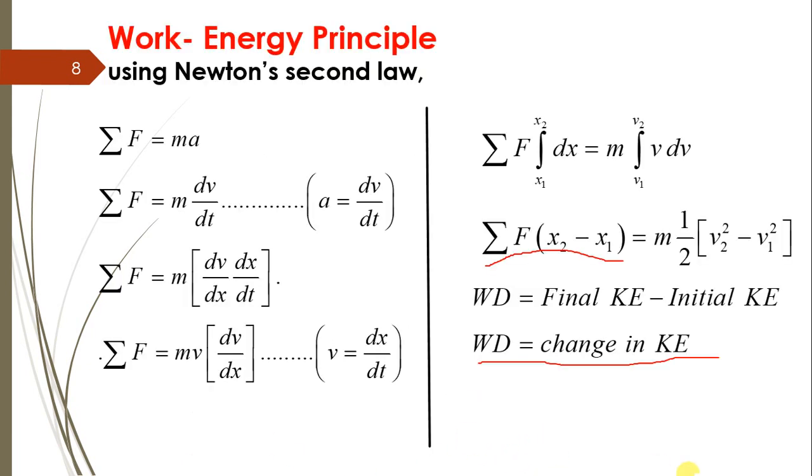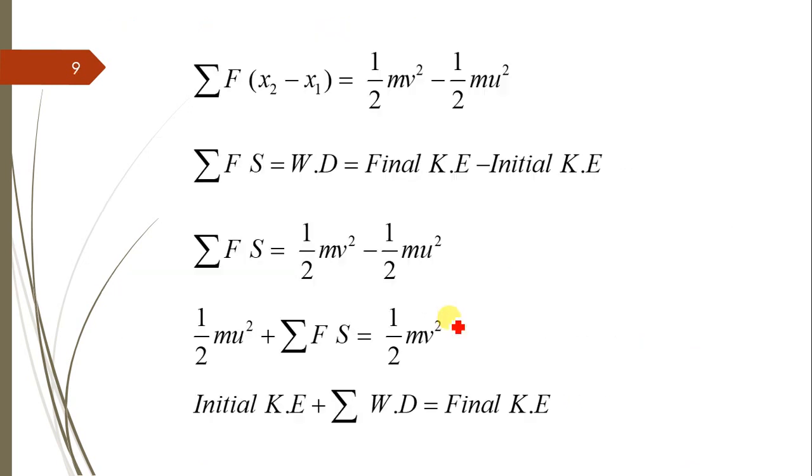This expression is just rewritten in another way. The basic principle remains the same: work done is equal to change in kinetic energy, which is called the work energy principle.